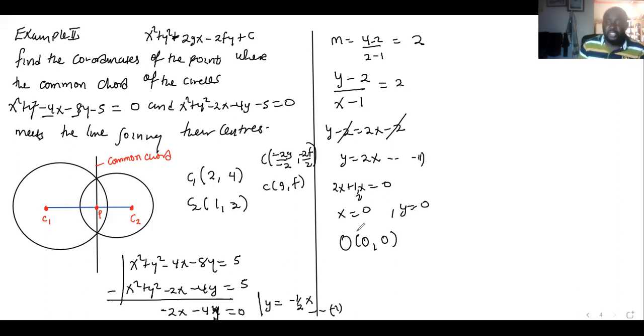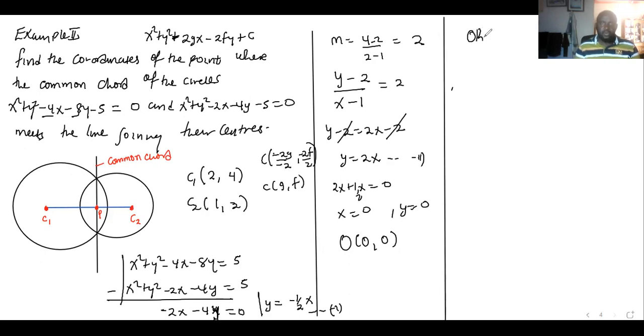Okay, the last condition, the orthogonality condition. The orthogonality condition is talking about what we call orthogonal circles.